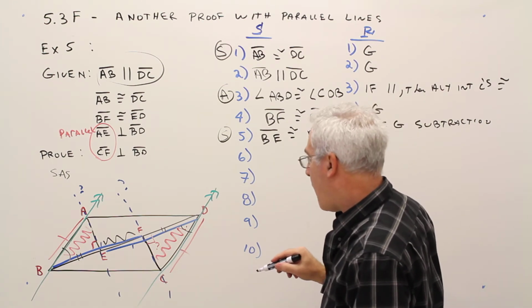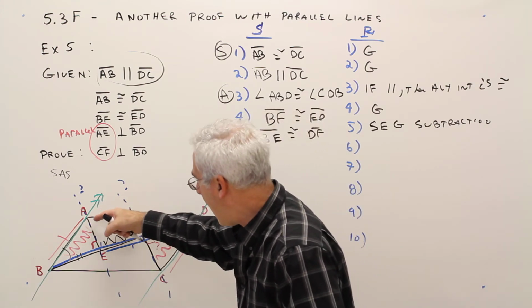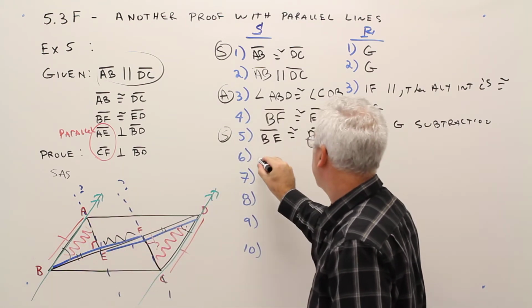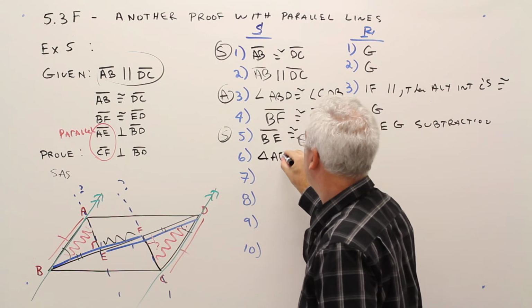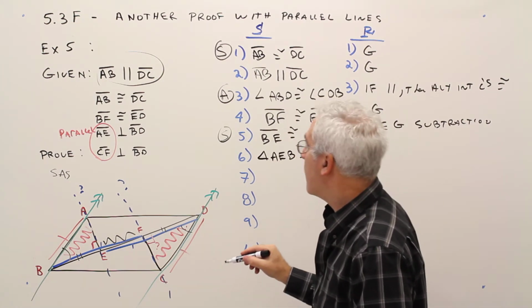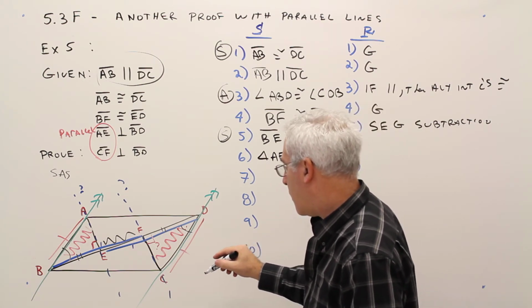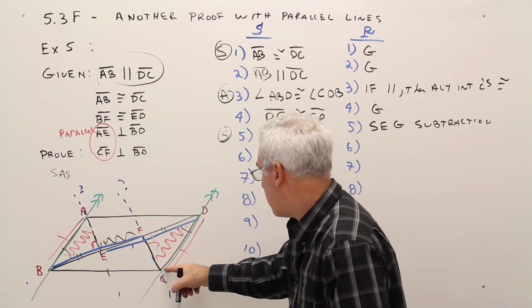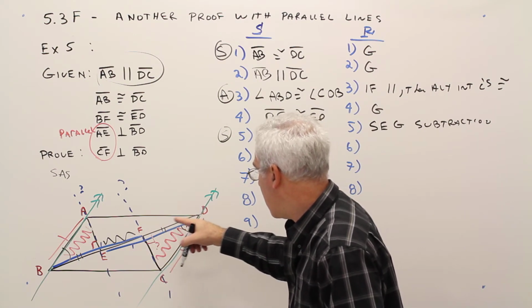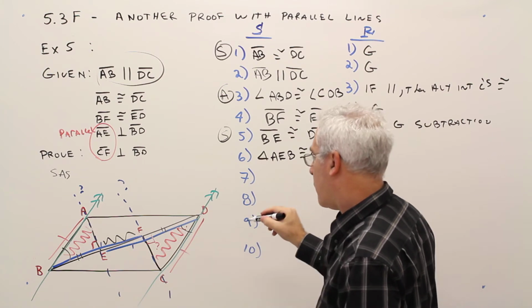Now the triangles by SAS. The angle that I care about is this one, so let's list the triangle AEB. AEB is going to be congruent to triangle, I'll go DFC. Let me just double check that.